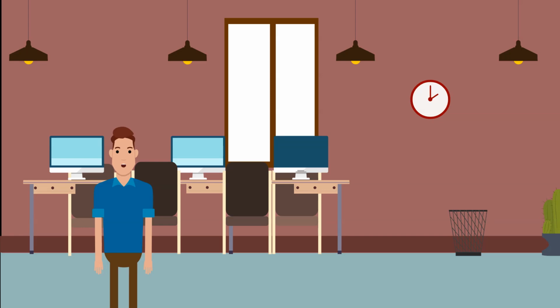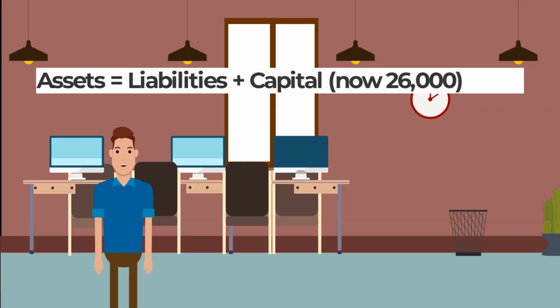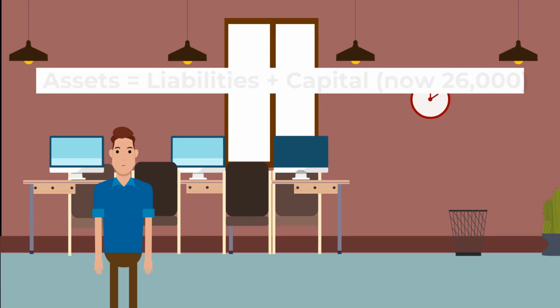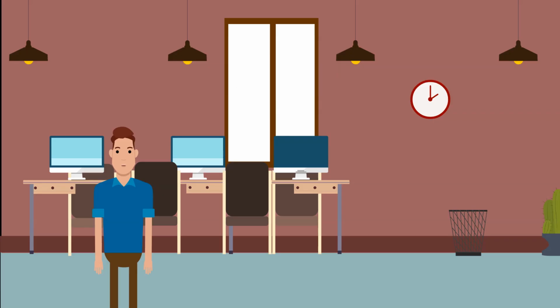This $6,000 profit adds to the initial $20,000 capital, giving us a total capital of $26,000 at the end of the period. So let's show the effect on the accounting equation. Assets equal liabilities plus capital, which is now $26,000. See how profit strengthens the financial position of a business?